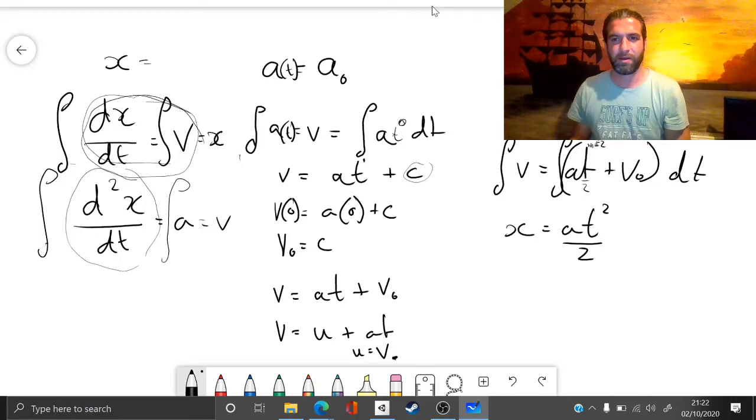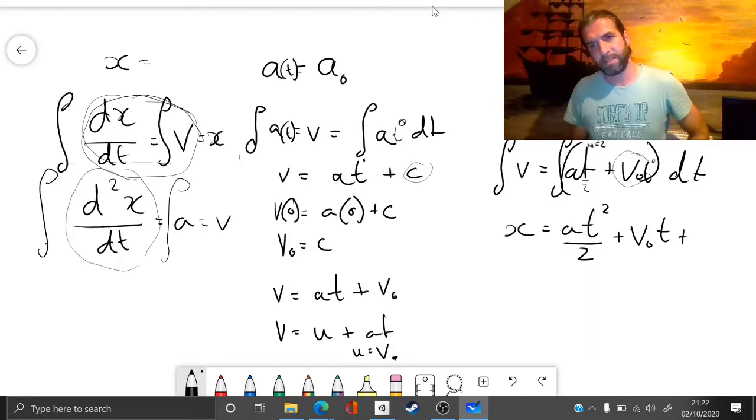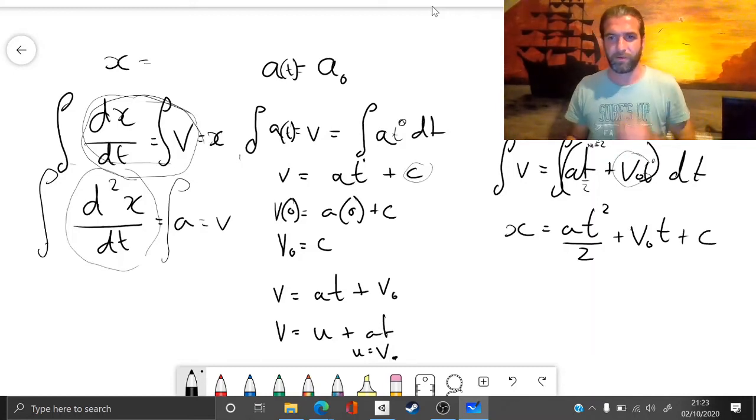And on this part, we've got the integral of v naught, which is v naught t, because there's a t to the power of 0 here, but we're adding 1, and then plus c, our arbitrary constant, because we're taking an integral.